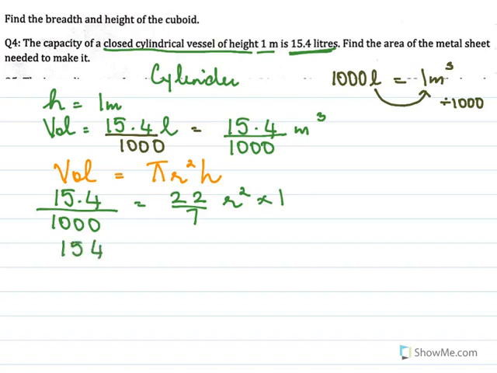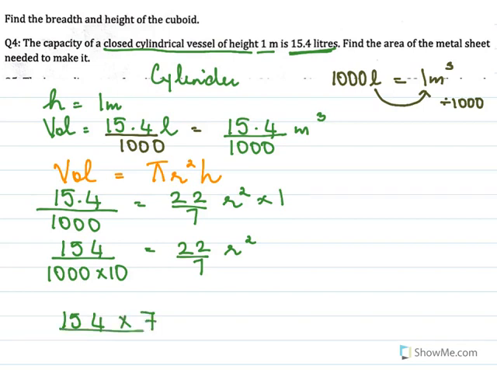So I remove the decimal, and because I remove the decimal, down I have to add another 0. So equal to 22 over 7 r square. We cross multiply, so I have 154 into 7 over 1000 into 10 into 22 equal to r square.